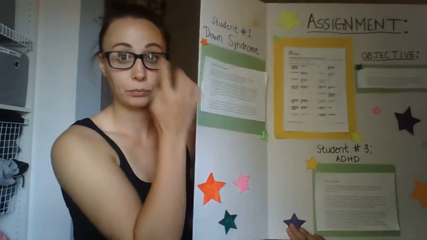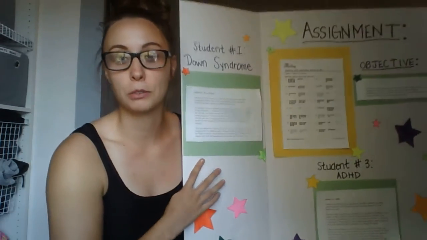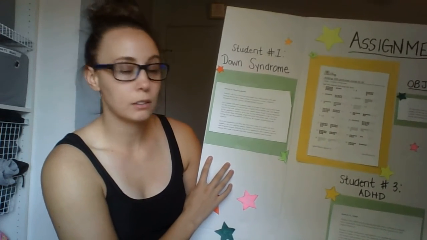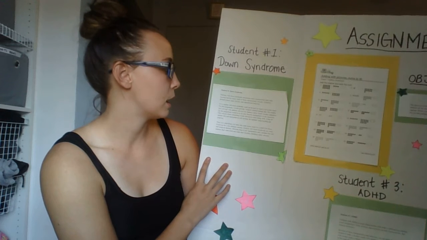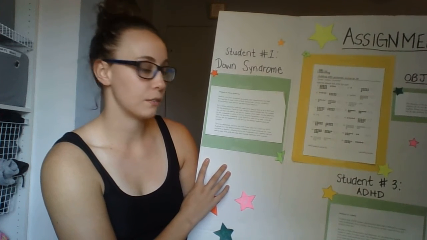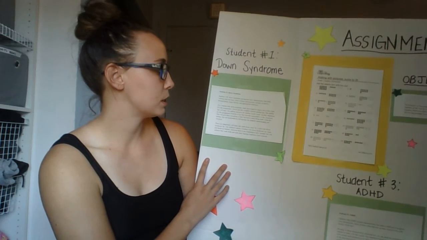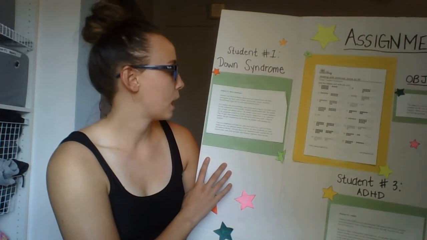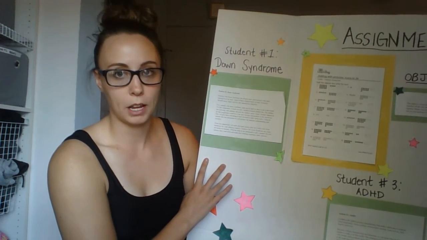So for student number 1 over here, these adaptations will be for a student with Down syndrome. Students with Down syndrome can possess some characteristics that make learning more difficult for them. Some of those characteristics include irritability, disruptiveness, hyperactivity, and oppositional behaviors.